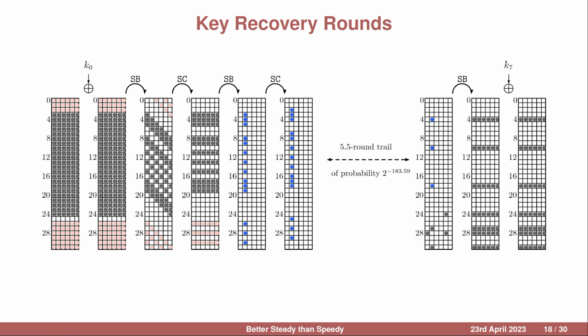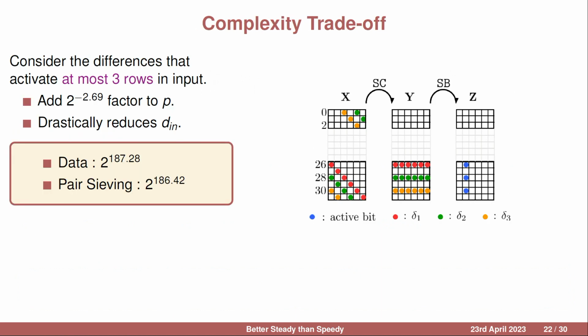Actually, it's more efficient to perform the attack in the decryption way. The reason for that is that when we use this trade-off here, it's better to do it the decryption way, because if we want to use this, we cannot build our data using structures, and that's a bit annoying. So that's why we use the decryption way.